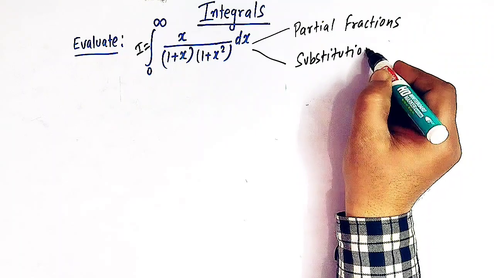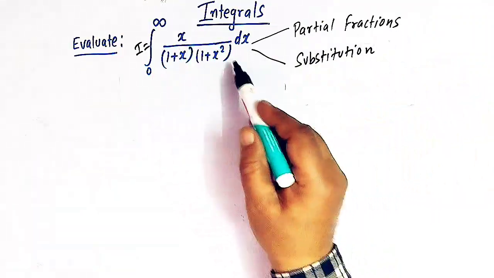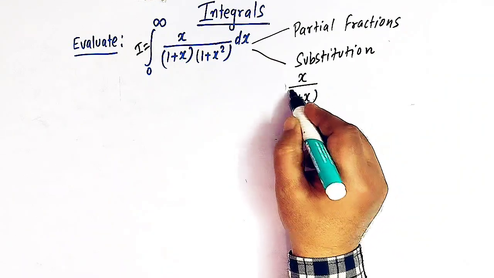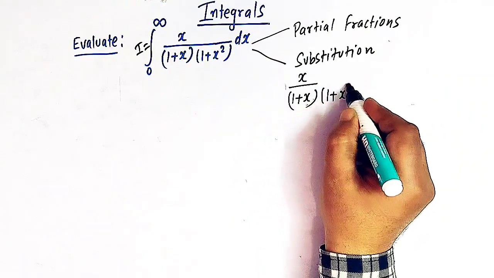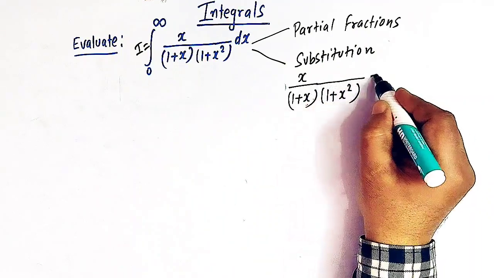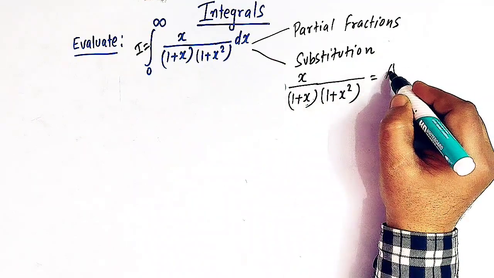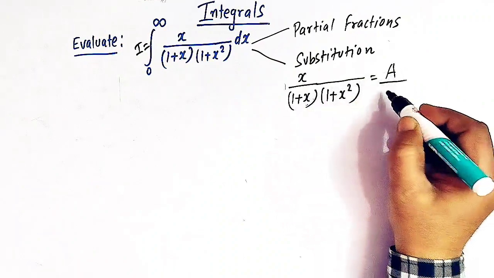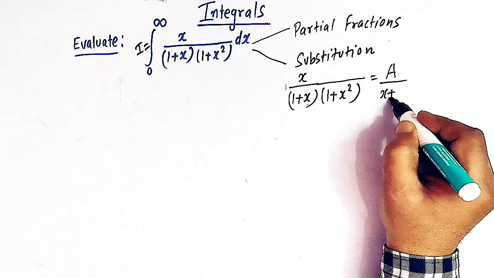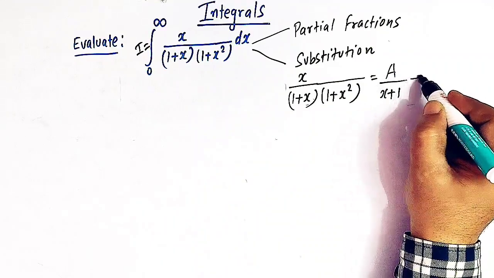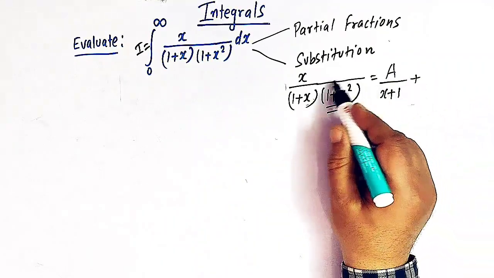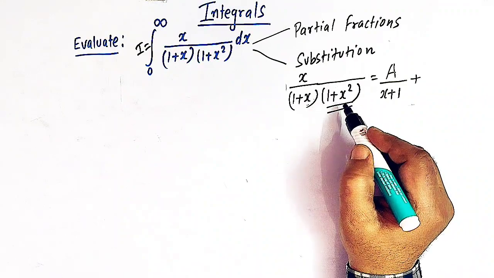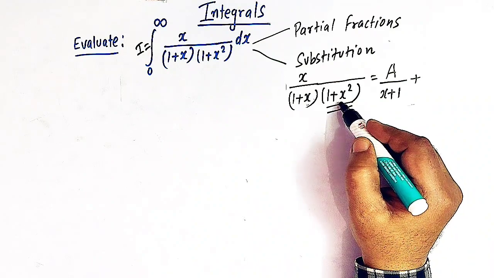We can first resolve x over (1 plus x) times (1 plus x square) into partial fractions. Here we have a linear factor, so we can write A over x plus 1, and then here we have a quadratic function, which cannot be resolved into linear factors.